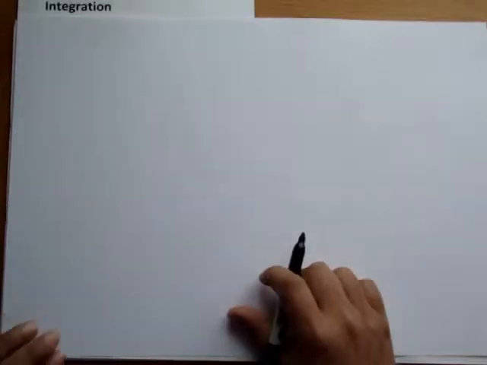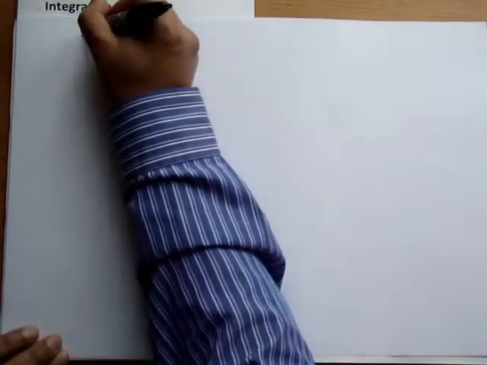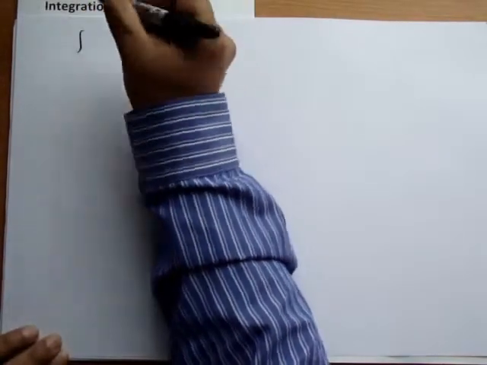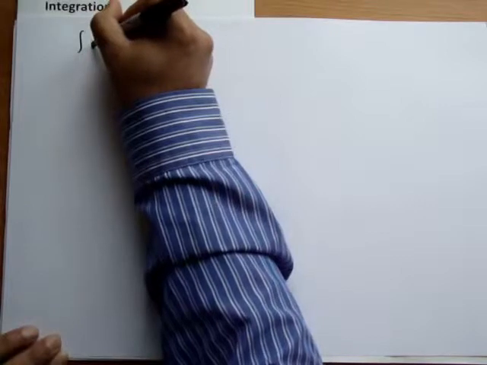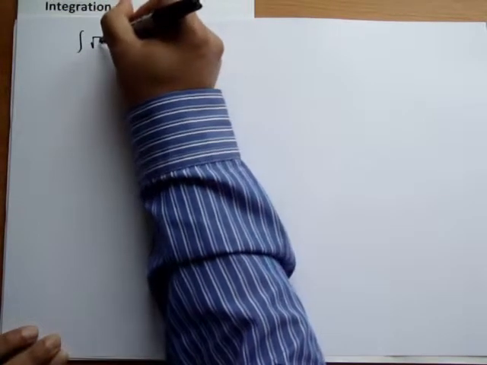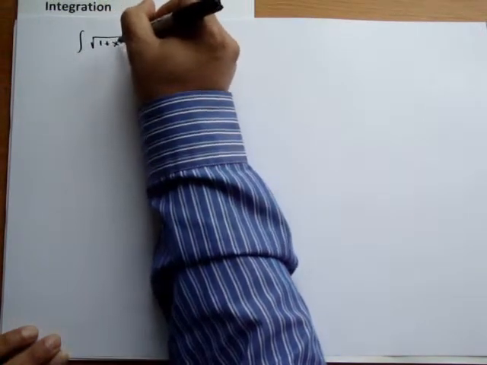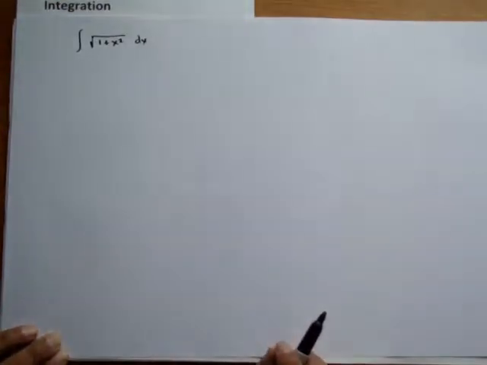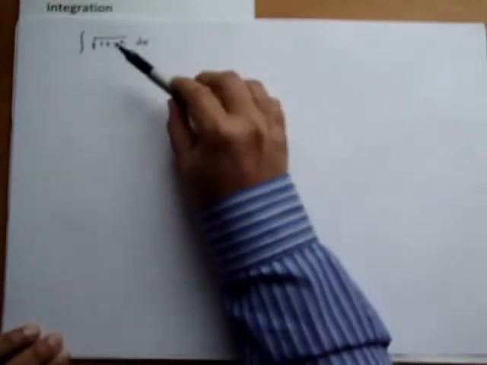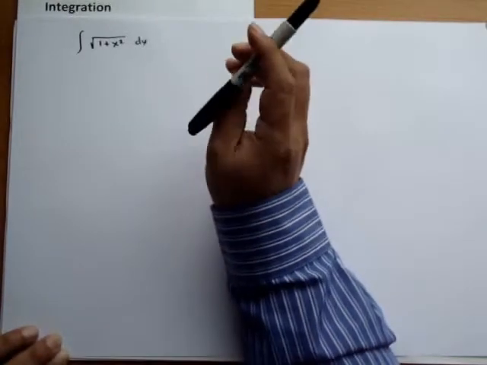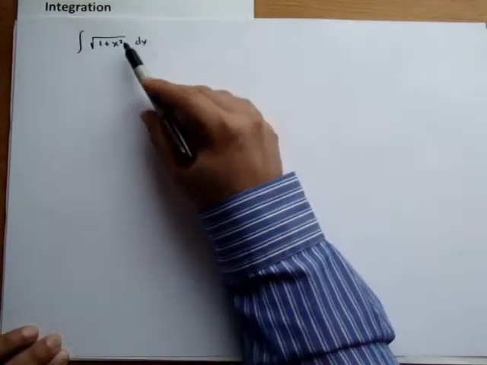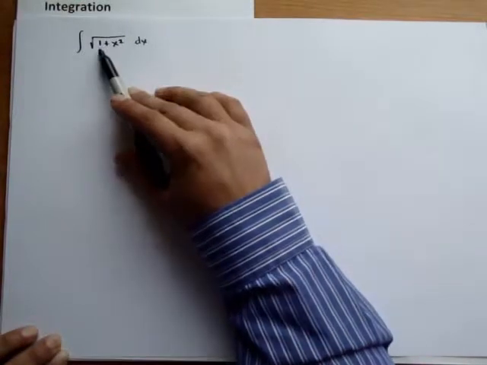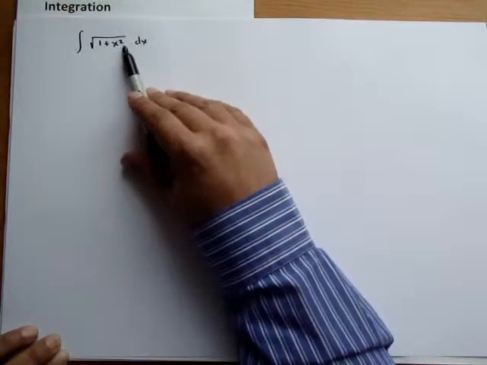Let's start off with a simple trig substitution. So if we have the integral of the square root of 1 plus x squared dx. Looking at the integral, it looks like we can do trig substitution on it because it's a squared plus x squared.